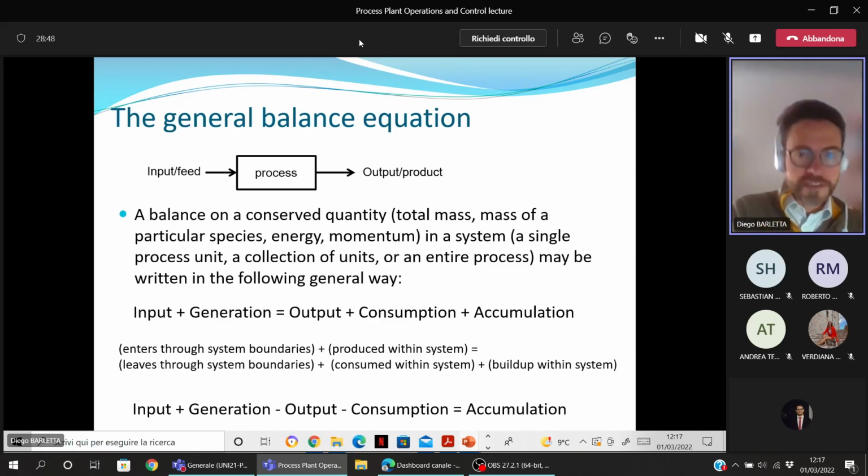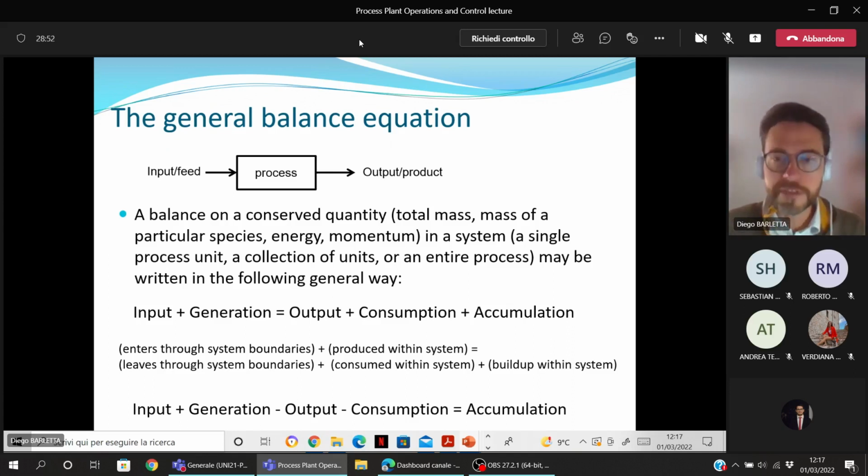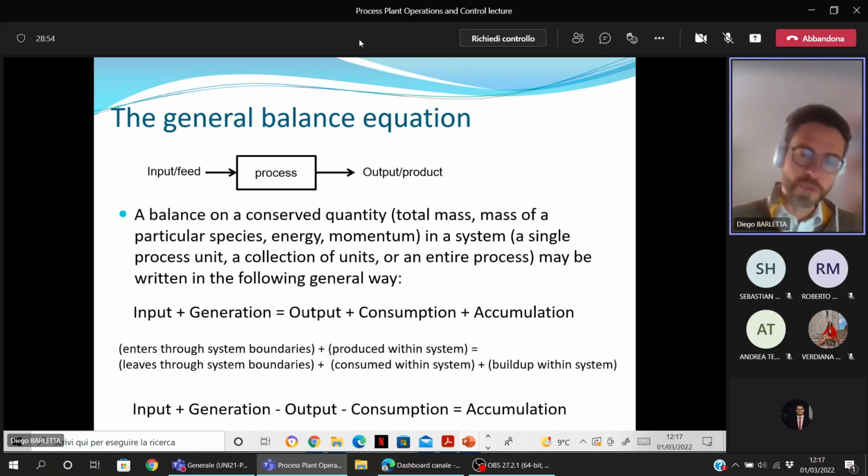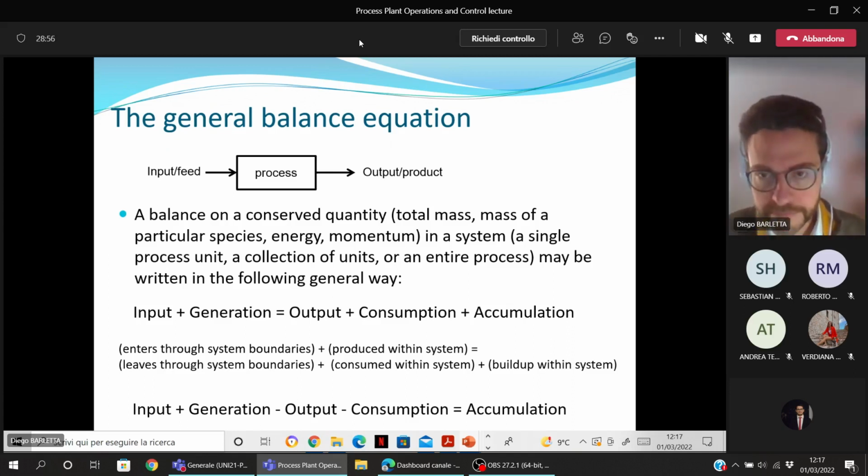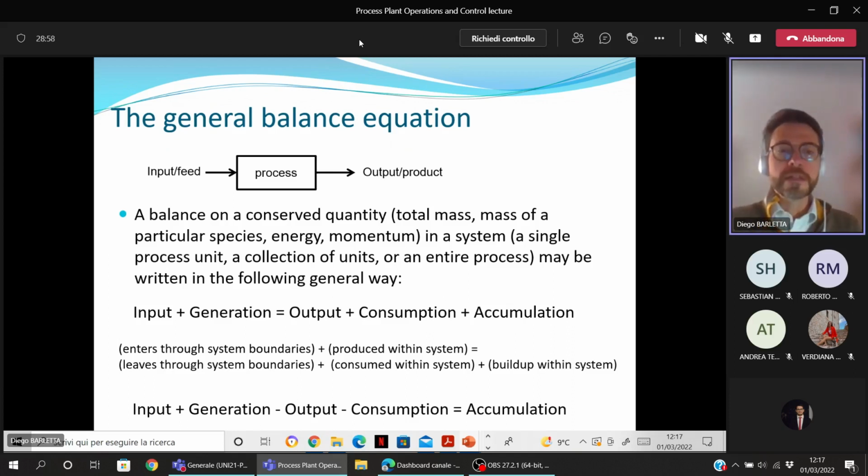So accumulation refers to the possibility to increase the quantity inside the system. So what is called a build-up. Okay. Now we can write this in the first form, like input plus generation is equal to output plus consumption plus accumulation. But eventually we can also move all the terms except accumulation to the left-hand side.